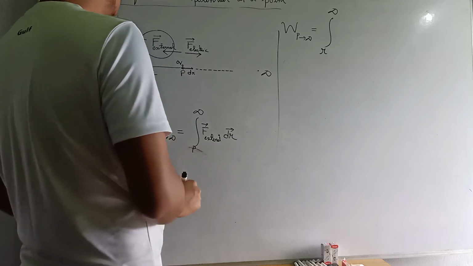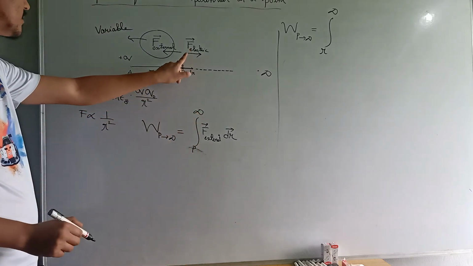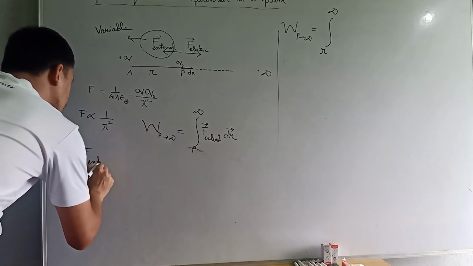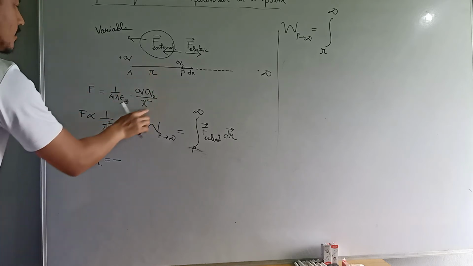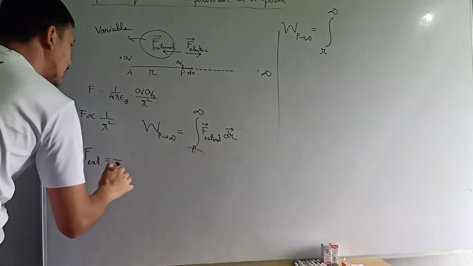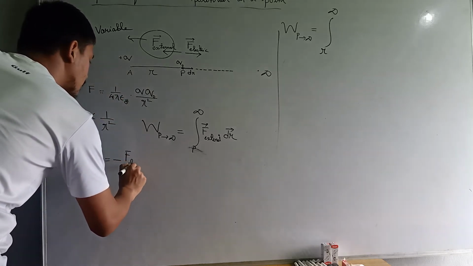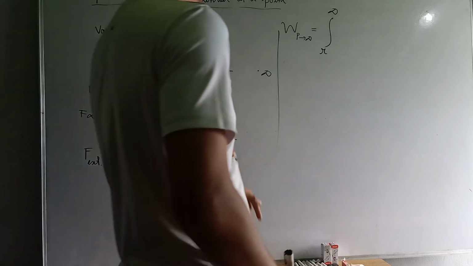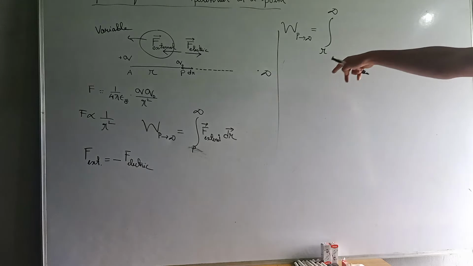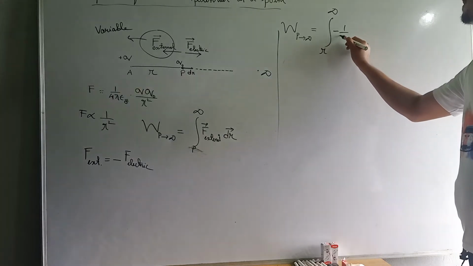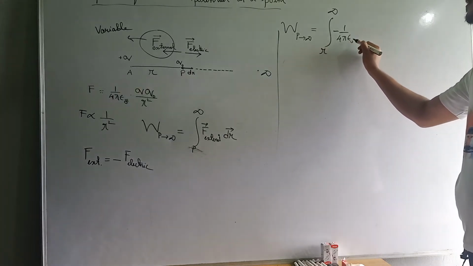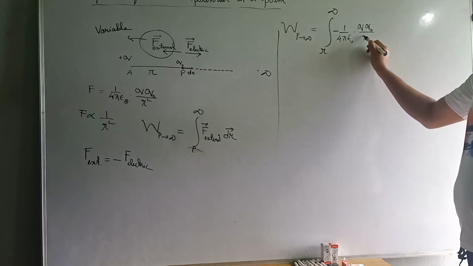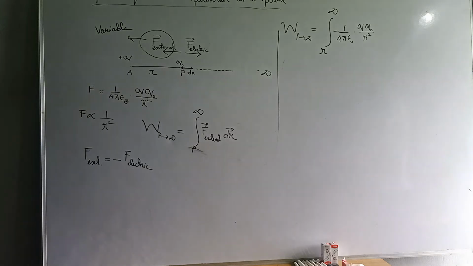Your external force is equal and opposite to your electric force, right? So your external force will be minus of the electric force, so minus 1 by 4 pi epsilon naught into Q naught upon R square, into the displacement.